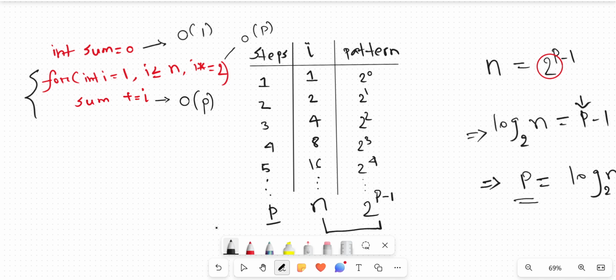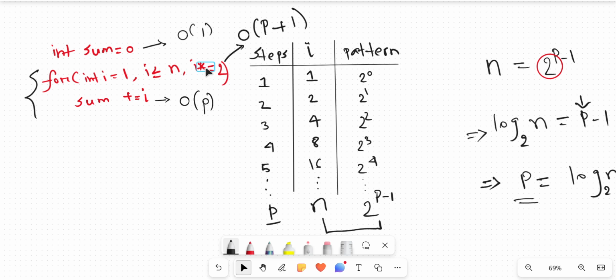So if I define it specifically, it actually runs p plus 1 times, because as I told you before, even though it is not very significant in time complexity, you must know that this loop will execute p times and again check one time, which is the false condition, right? 1 is for the false condition and p is for the p times true condition, and therefore the sum will be executed p times.